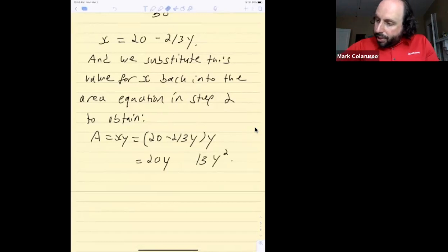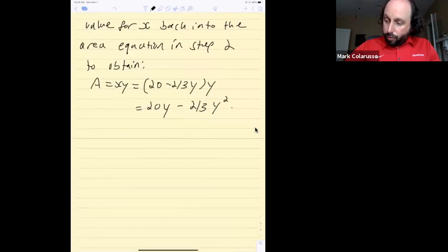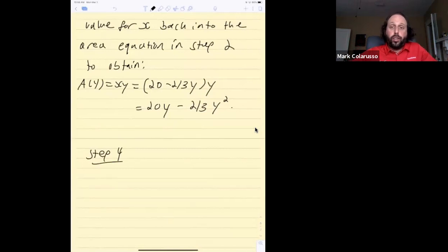Let me clean it up a tad. And so now this is a function of y. So area is a function of y. And now step 4 is we maximize this function using calculus, like we did in the last several questions in the previous video.